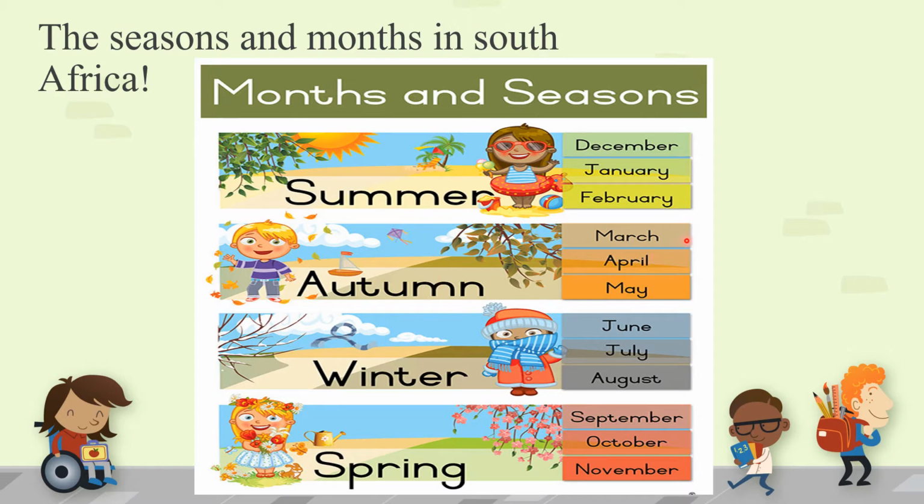Autumn has the months of March, April, May. If you're born in June, July, and August, you're born in a cold winter. Lastly, if you're born in September, October, and November, your birthday is in the spring.